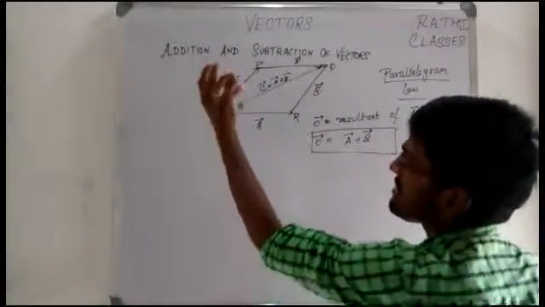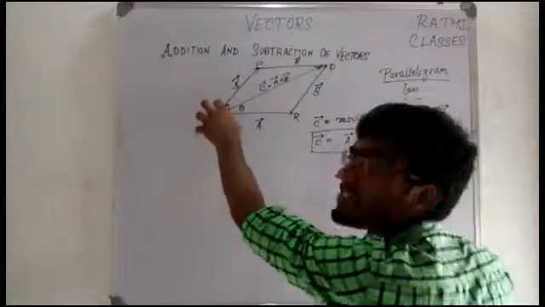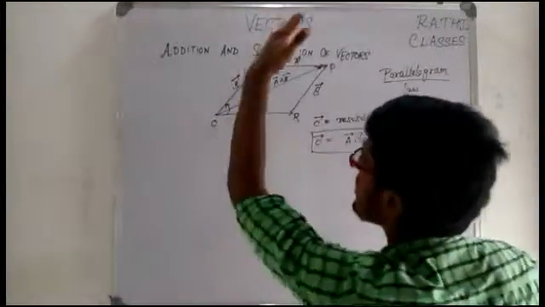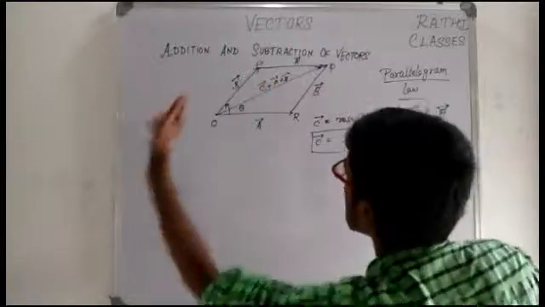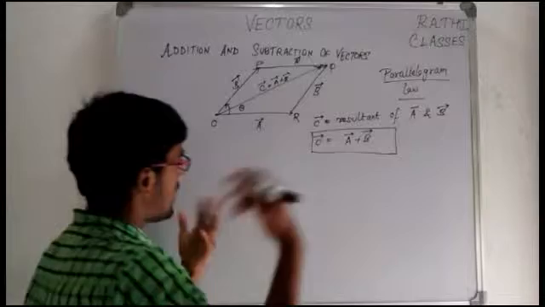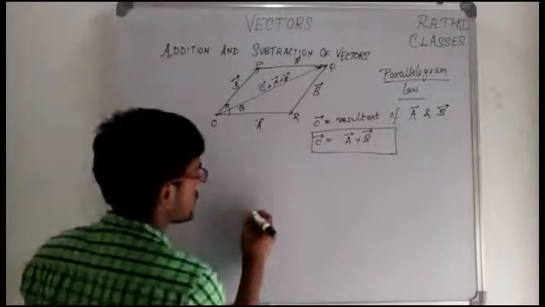And we can also visualize this by assuming a small mass here, and if we assume that two forces are acting in this direction and this direction at an angle theta, then the resultant will be somewhere in this direction, right?